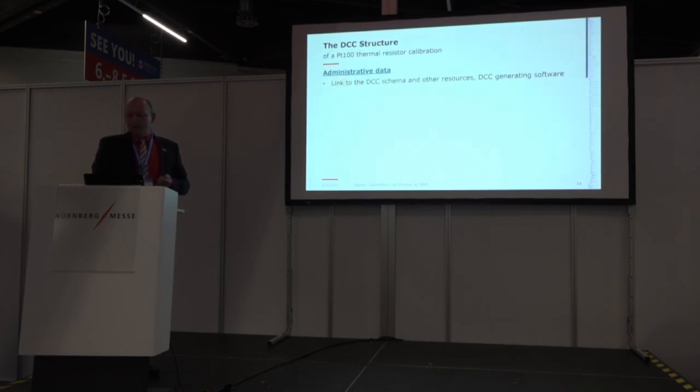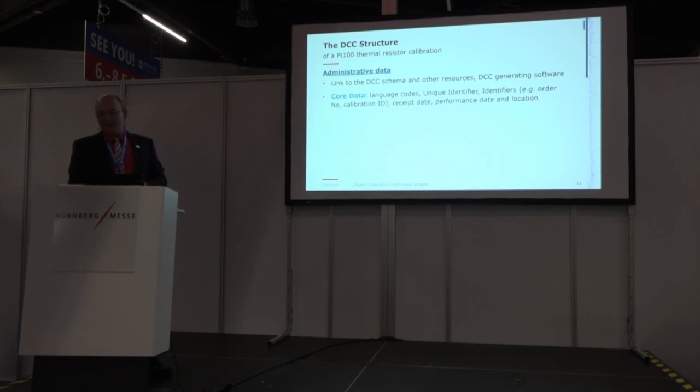So a little bit more about the structure of a DCC. We have the administrative data, which contains information about the schema version it is validated with, the software it was validated from. We have some core data. This is the most important data of when it was calibrated, who calibrated, and where it was calibrated, and also contains a unique identifier, which is of course important to handle this certificate digitally.